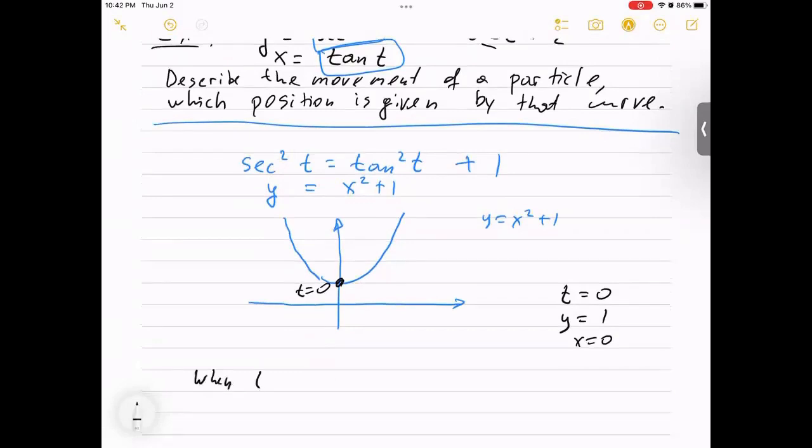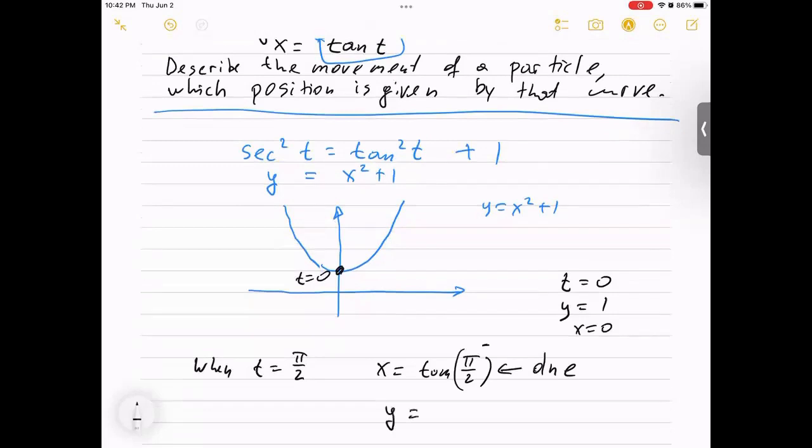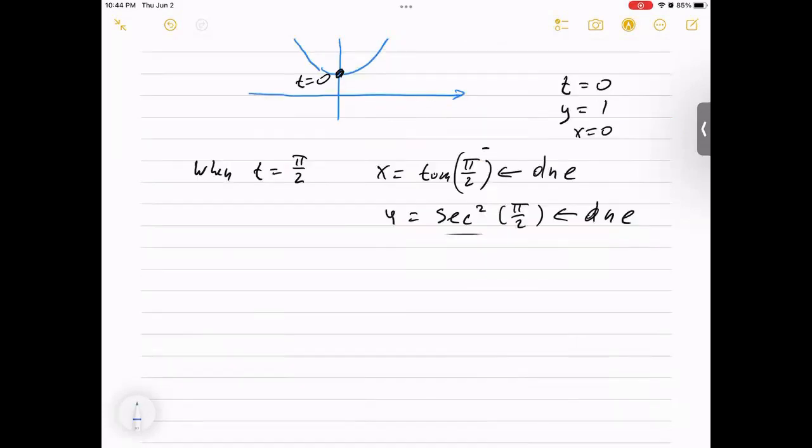When t equals pi over 2, x is tangent of pi over 2, and that's undefined. The same, y equals secant squared of pi over 2 is also undefined. So that is a bit confusing. Let's try to figure out what is going on.